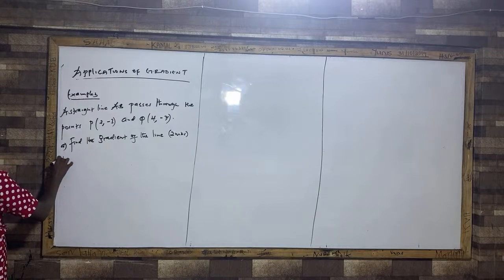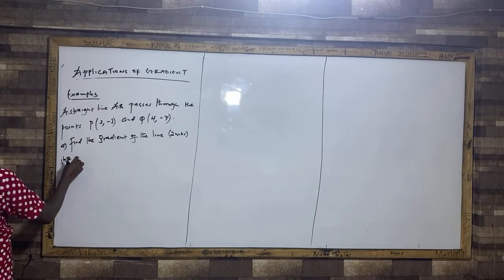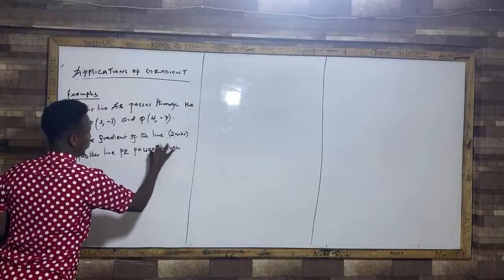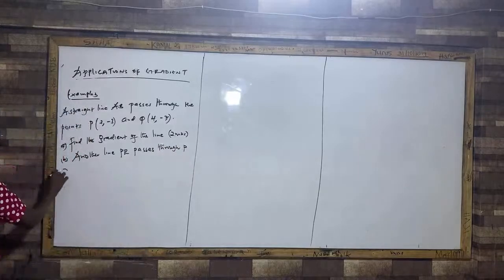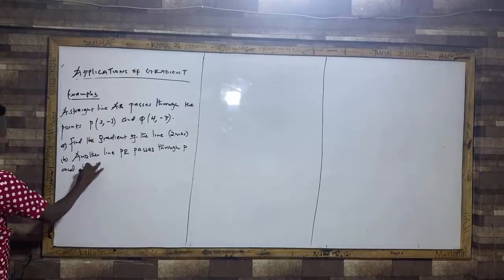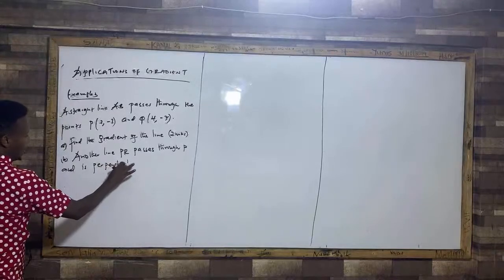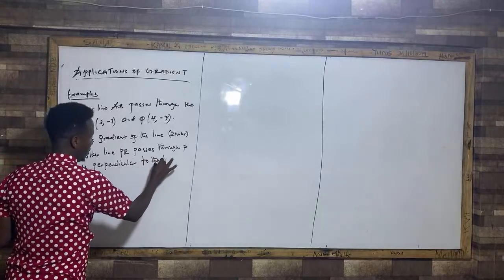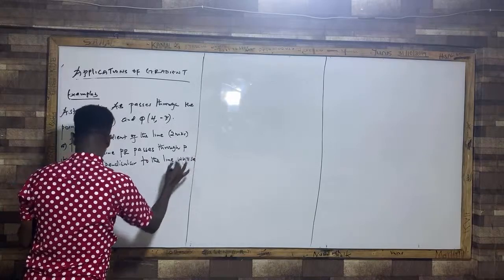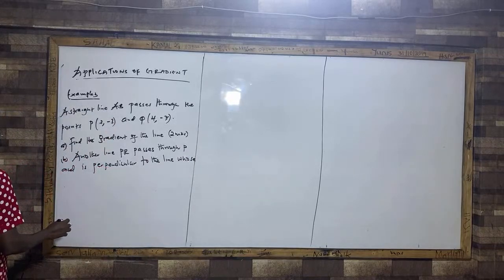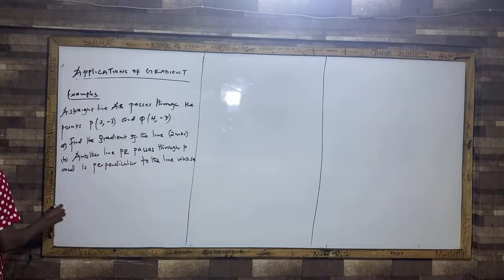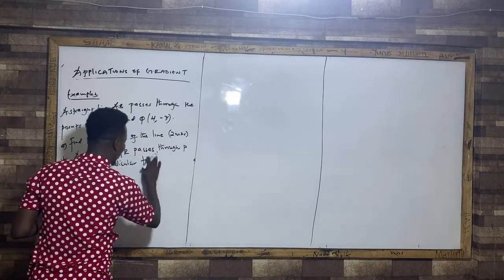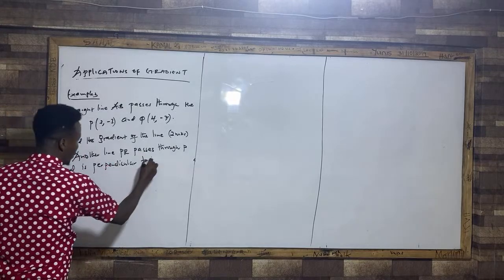Then question B, you are told another line BR passes through B and is perpendicular to BQ.